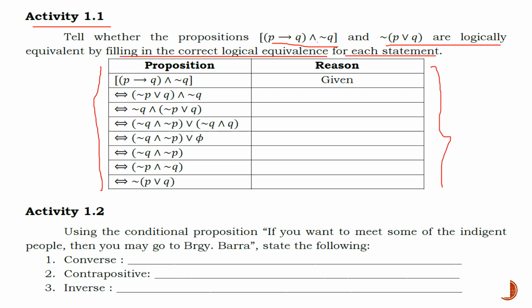You can use your example number 1 for your reference in dealing with this activity. And for activity 1.2, it's the same thing as example number 2. There are given propositions and you're asked to find the converse, contrapositive, and inverse. You can put your answer in your notebooks and then you can pass this on the said deadline.